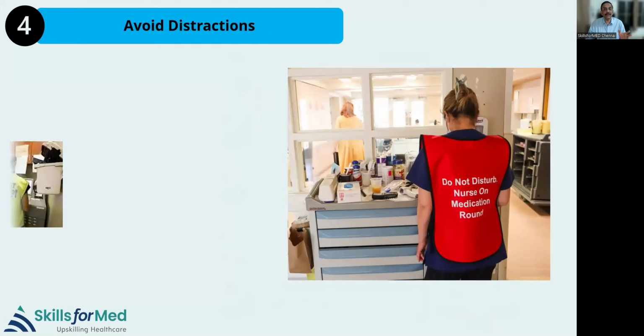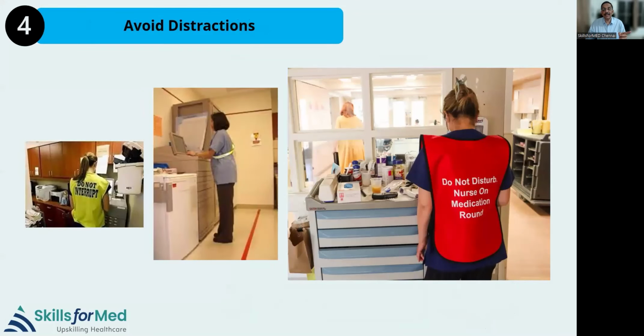Now, the fourth is distractions. As I said, I'm not going to do any high-tech method. This is very simple. Either you draw a red line, a Lakshman Rekha. If the nurse is stepping into this area, that means that nurse should not be interrupted. She is doing medication administration and nobody should disturb.